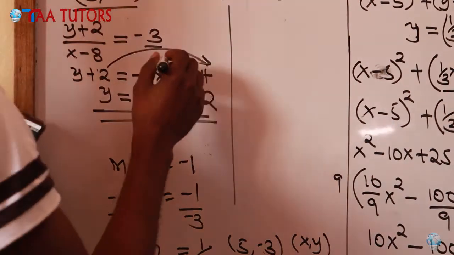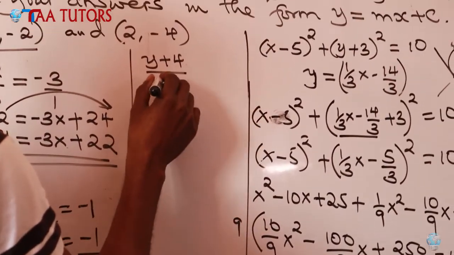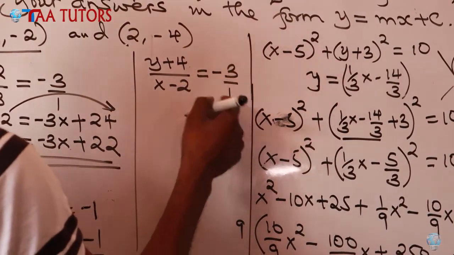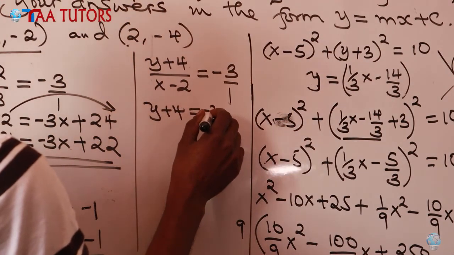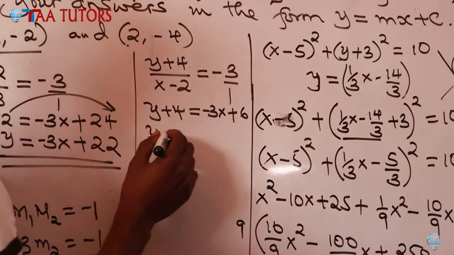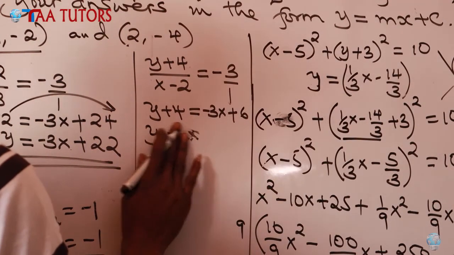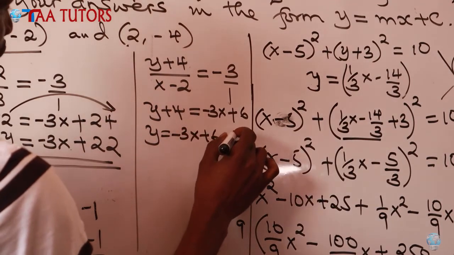The equation 2 of L will be (y plus 4) over (x minus 2) equals negative 3 over 1. This time, y plus 4 equals negative 3x plus 6. So y equals negative 3x plus 6 minus 4.